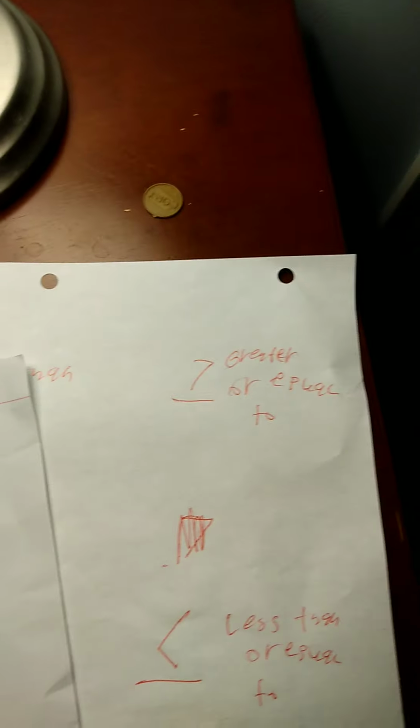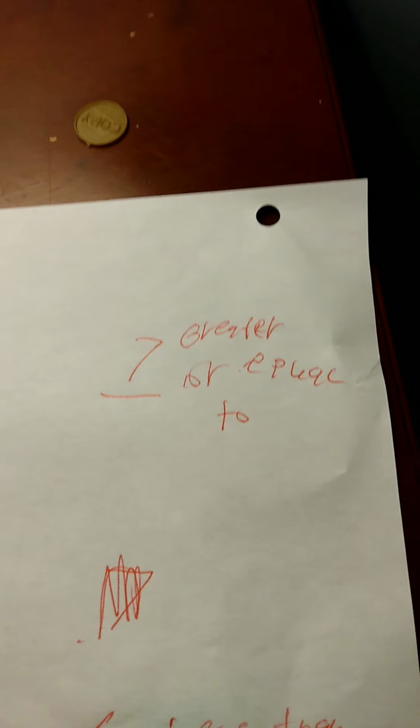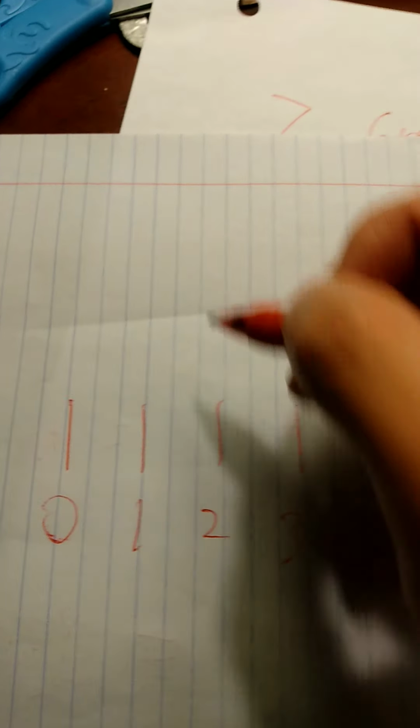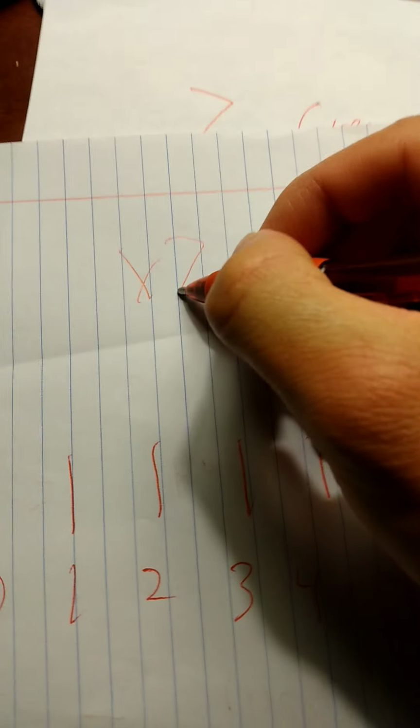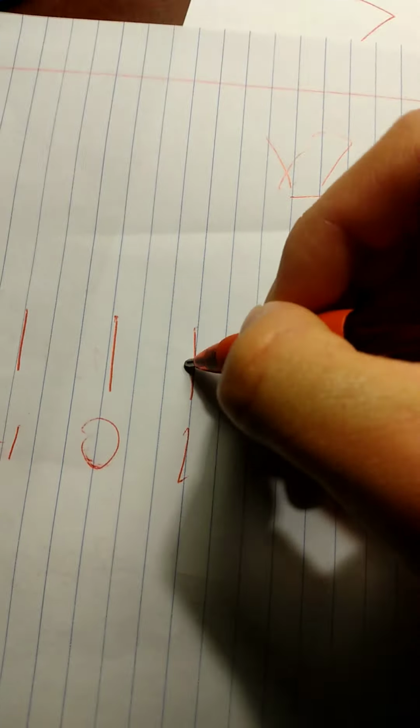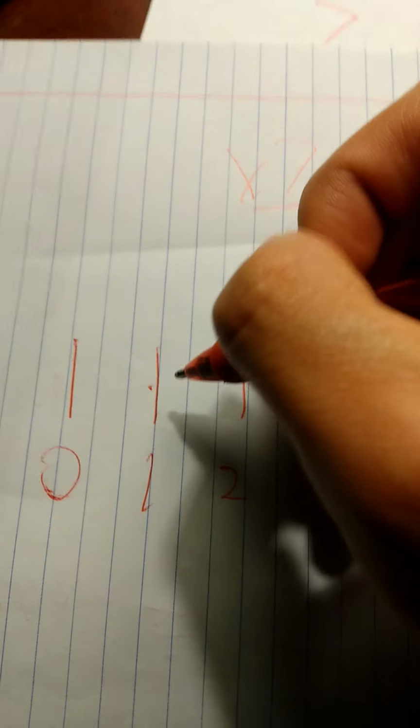So let's start with greater than or equal to. Greater than or equal to is a number that is more or equal to. For example, x is greater than or equal to 1. That is saying that x can be 1 or greater.